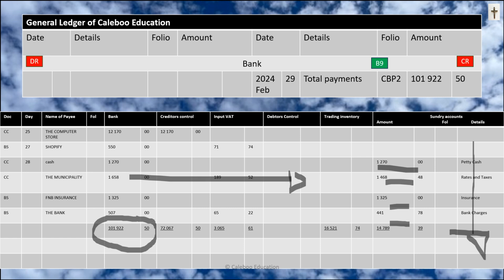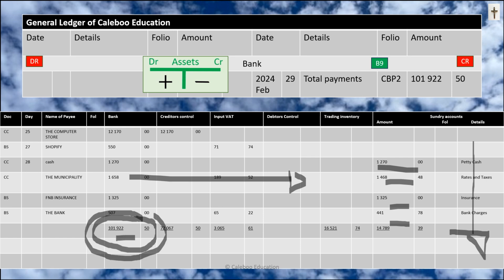But I know we have a balance here which is positive. So our bank account is an asset. And what has happened when we have made payments of 101,922.50 for the month of February, our bank balance has decreased, and the rule says we must credit our bank account, and it's on the last day of the month because bank has its own column.